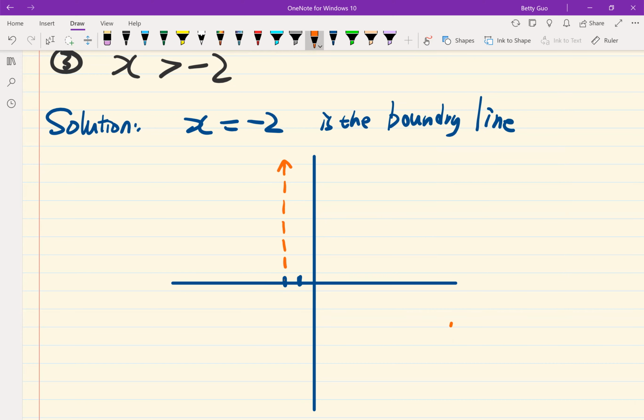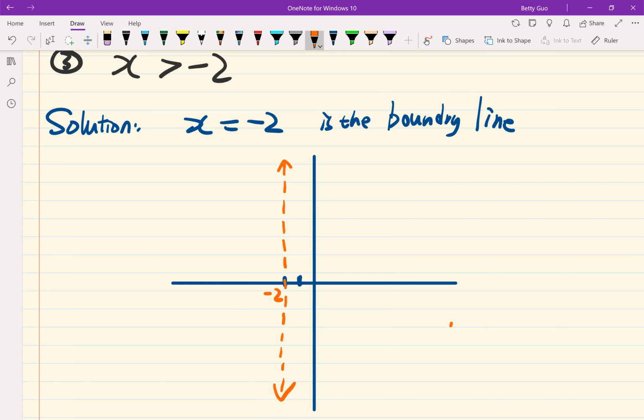Do you see the reason though? Because the inequality symbol is strictly bigger than, right? So this is (-2, 0). So this is the boundary line, a dashed vertical straight line. Okay, that's the first step.